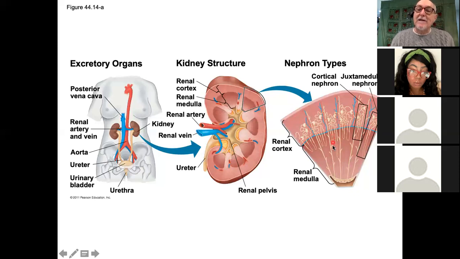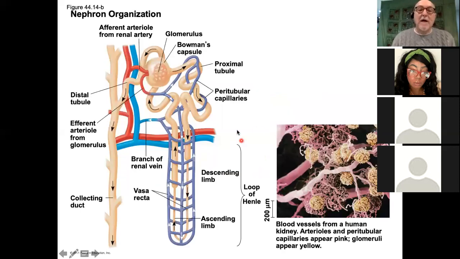In the medulla of the kidney are all of the collecting ducts and some other parts that we'll talk about, these loops that you see here, and the collecting ducts are here in the medulla. The filtration mainly takes place here in the renal cortex. I know this looks really complicated.